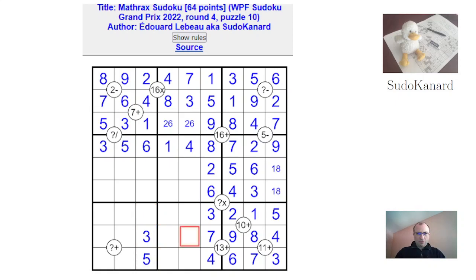And we see that 1 and 2 are here, so 1 and 2 must be somewhere in this square. And you see that 1 and 2 can't be on the same diagonal, because that would make a sum of 3 and the other diagonal would never work.